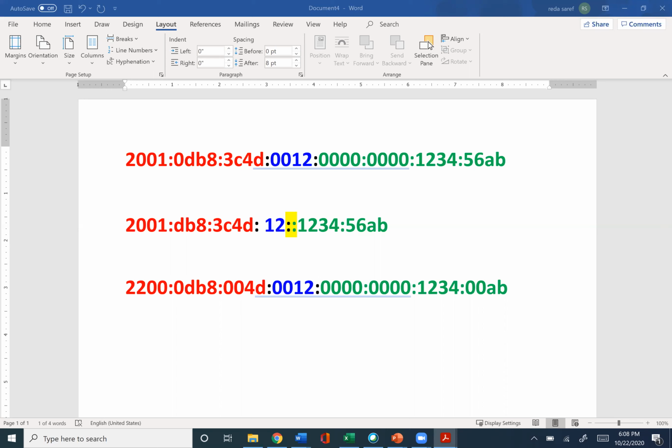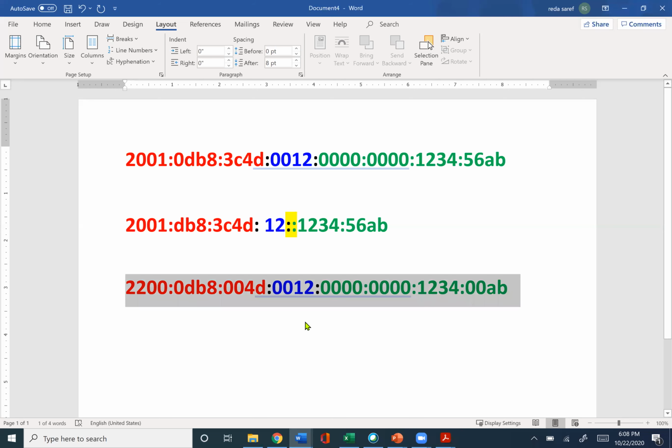You did not take off the leading zeros. That's what she did. So every leading zero needs to be taken off, and every continuous run of zeros could be represented by a double colon.